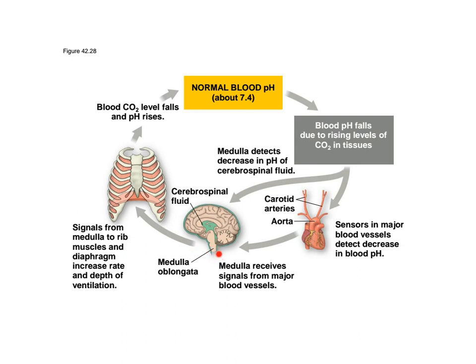Those signals are then sent out through motor neurons to the diaphragm and to the muscles of the rib cage. And so you'll then breathe faster and deeper. This will allow you to get rid of that extra CO2 that had built up in your blood. And as you do that, the pH will naturally rise, and that'll bring the blood pH back to 7.4.